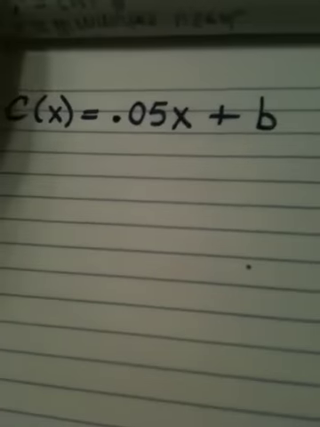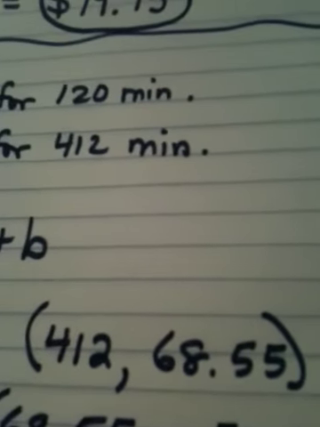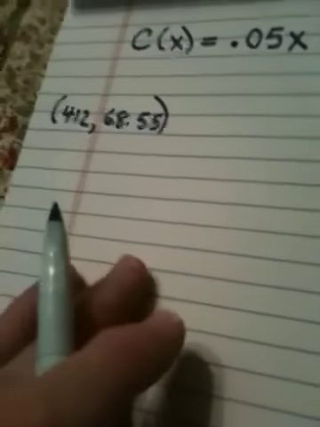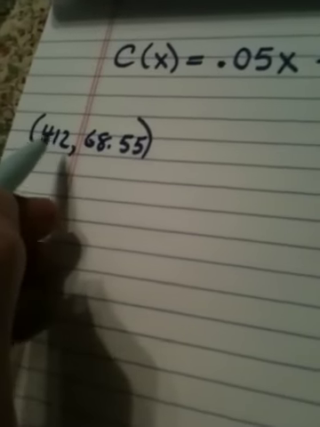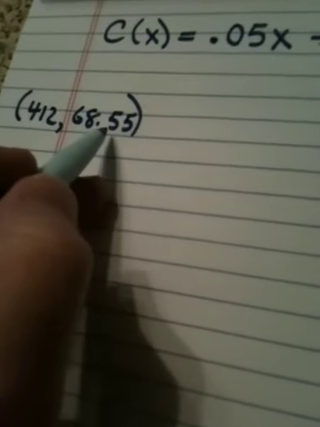Here's how we're going to find b. We're going to take one of these two ordered pairs that we had, it doesn't matter which one. I have this one, $412, $68.55. We're going to take this ordered pair to help us find b. Remember, this is input and this is output.